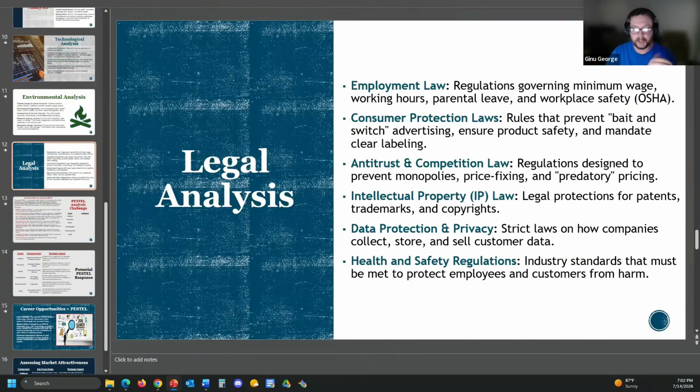Consumer protection laws exist. They mandate that we have to clearly label our products, and we cannot be deceptive when we're advertising. You probably read this when you get into your literature classes at some point. In the United States, especially about 120 years ago, there was very little government regulation.